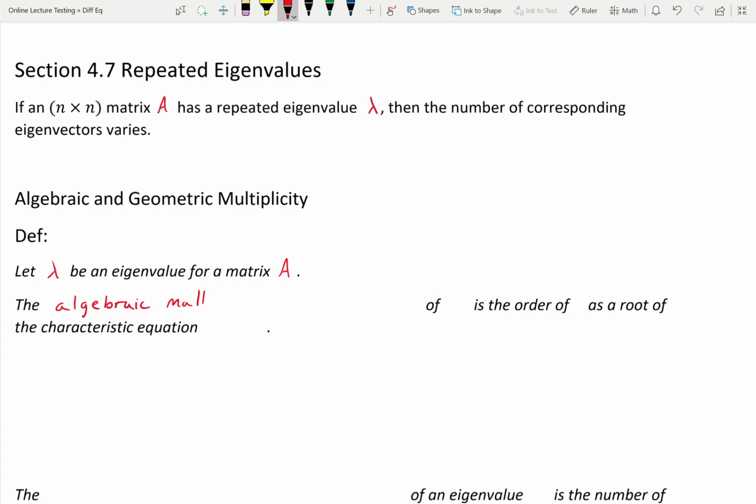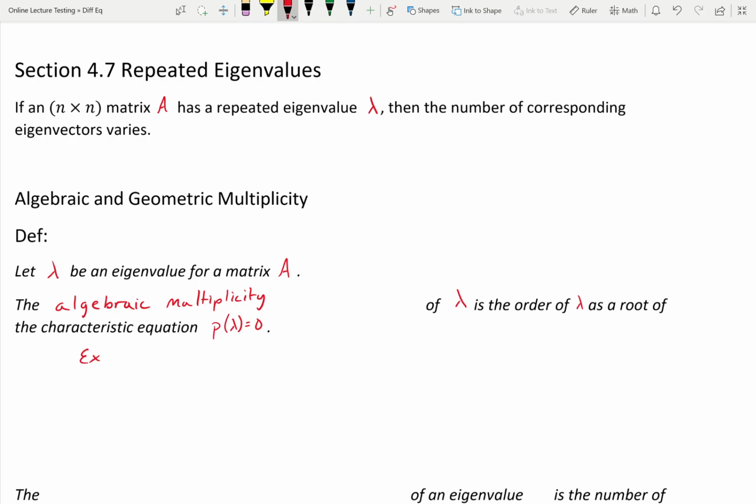And the algebraic multiplicity of lambda is the order of lambda as a root of the characteristic equation P of lambda equals 0.